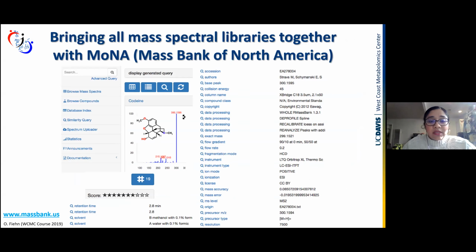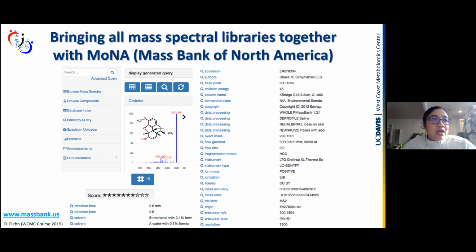This is what I was talking about in terms of the metadata that's available. Any one of us can upload spectra. It's quite easy and takes a couple of steps. You just register, make an account, and upload spectra. I do this quite frequently, but this is what it looks like on the end for the user.